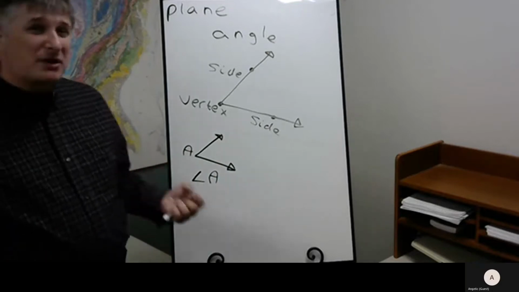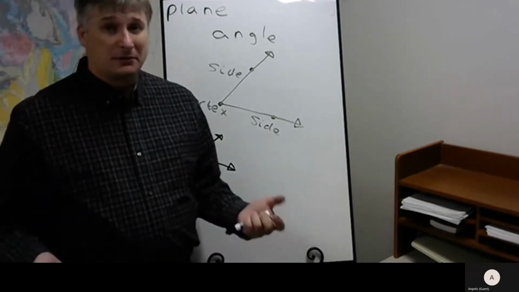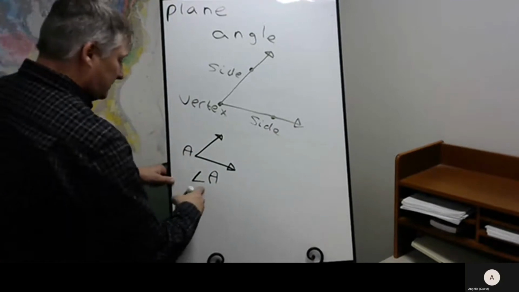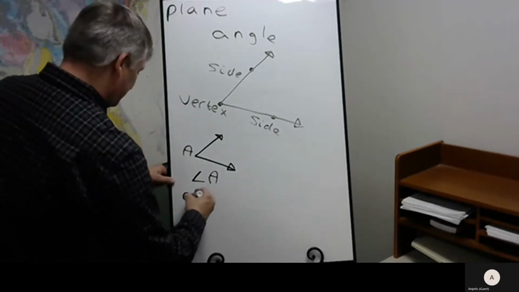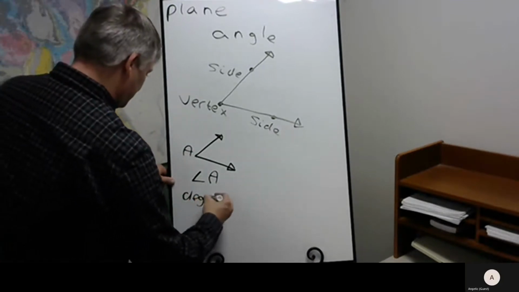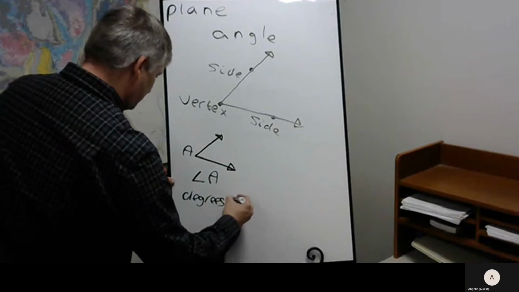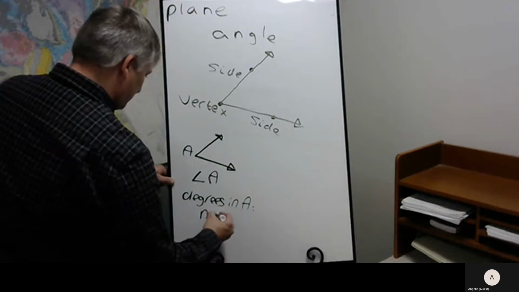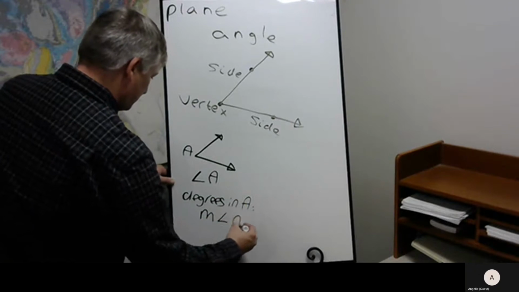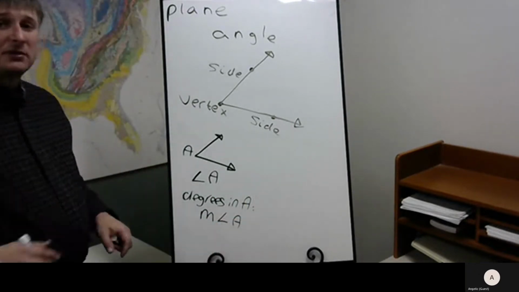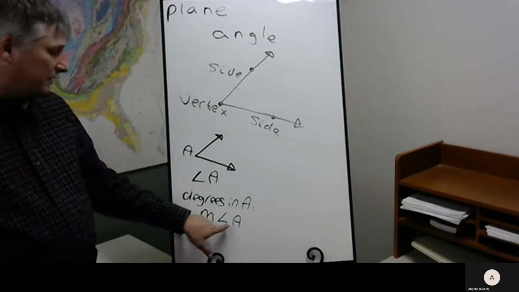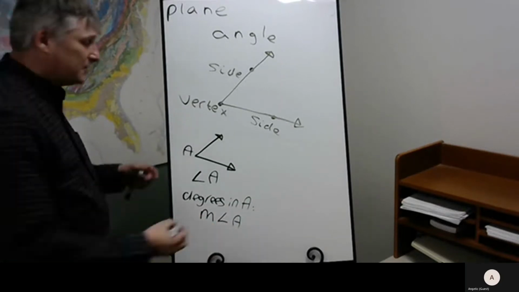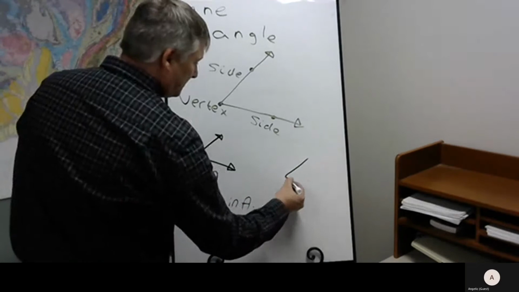Now we're going to talk about measurements of angles, and we measure angles using degrees. So the amount of degrees in angle A, we use this, the measure of angle A. And then you could see it referred to like this.